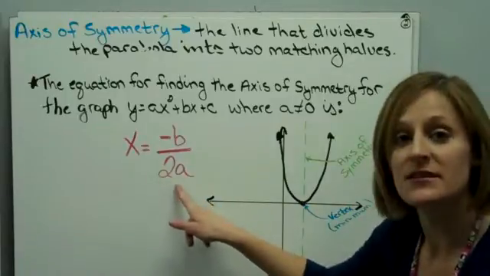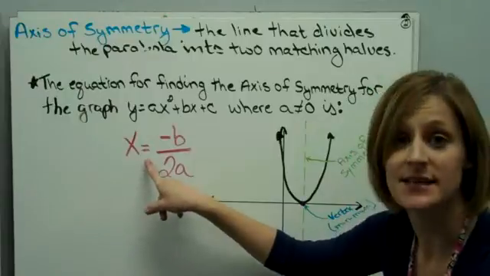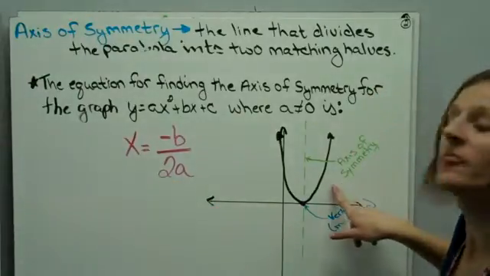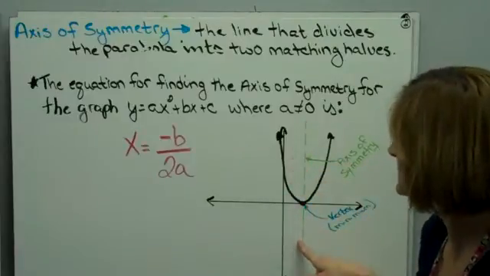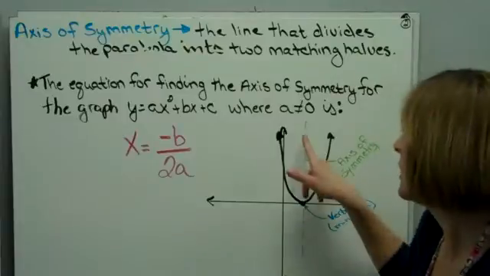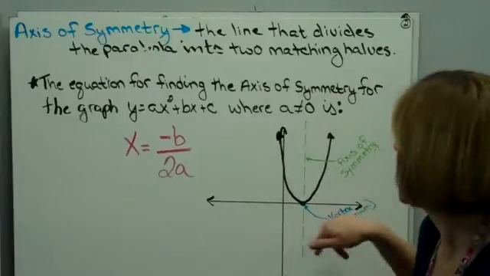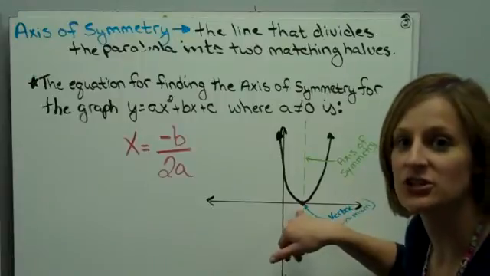It will always be this. It will be a vertical line. That's why we have x equals. So over here in this graph, you will notice that this is the axis of symmetry. It goes straight down the middle of the quadratic function, and right here is the vertex for this function.